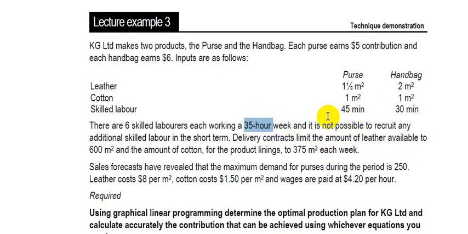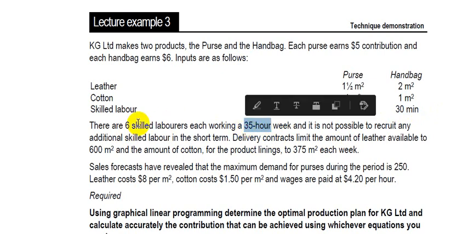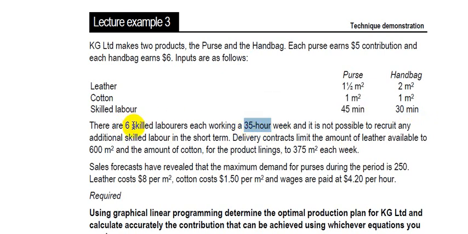If you change the minutes to hours, 45 minutes becomes 0.75 hours, 30 minutes becomes 0.5. There are 35 hours per week, and each laborer is working.